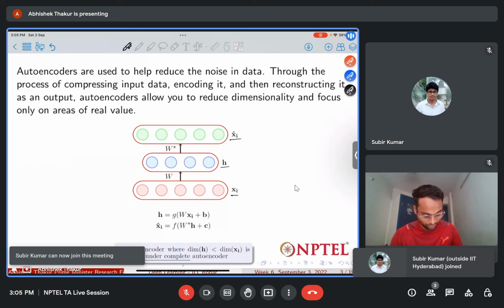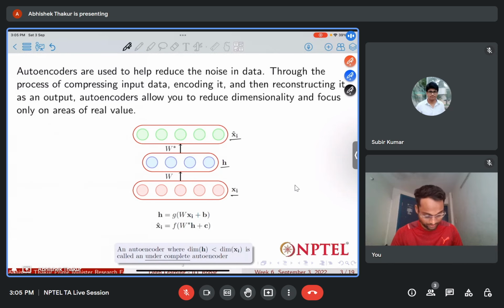This is the definition of autoencoders, and in the undercomplete autoencoder, the number of neurons in the hidden layer will be less than the number of inputs.